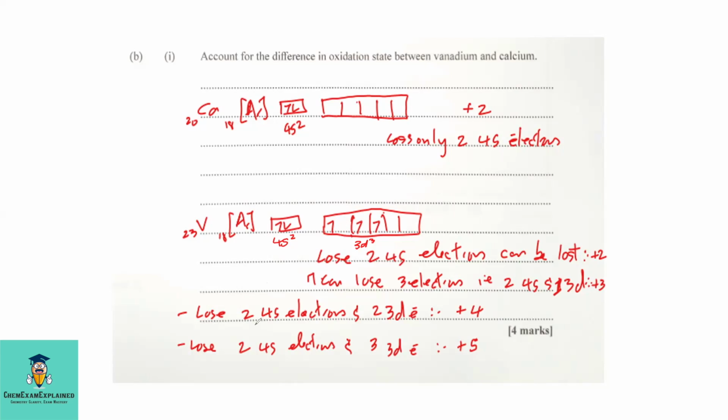We could continue to lose 2 from the 4s and 2 from the d orbital to get a +4 oxidation state, or 2 from the 4s orbital and 3 from the d orbital to give us a +5 oxidation state. So that explains the difference in oxidation state between vanadium and calcium. However, the most prevalent ions would be +2 and +3.